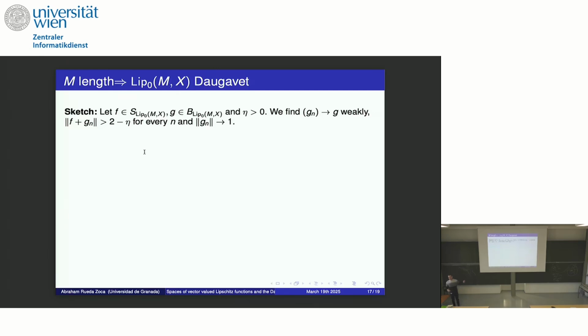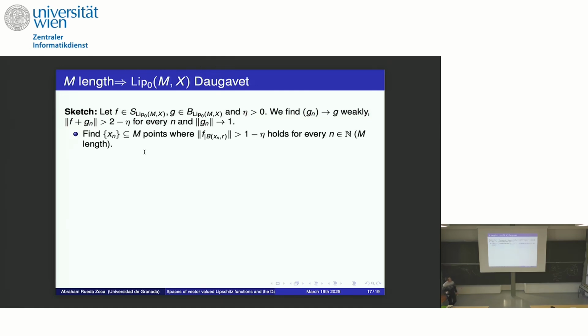If I'm able to do this, once I fix a weak-open set containing G, for some large enough term I can find a large term so that Gn over its norm will belong here. And if all the terms are far away from F, I will find somebody here. I will try to prove something stronger, but which in our context is easier.